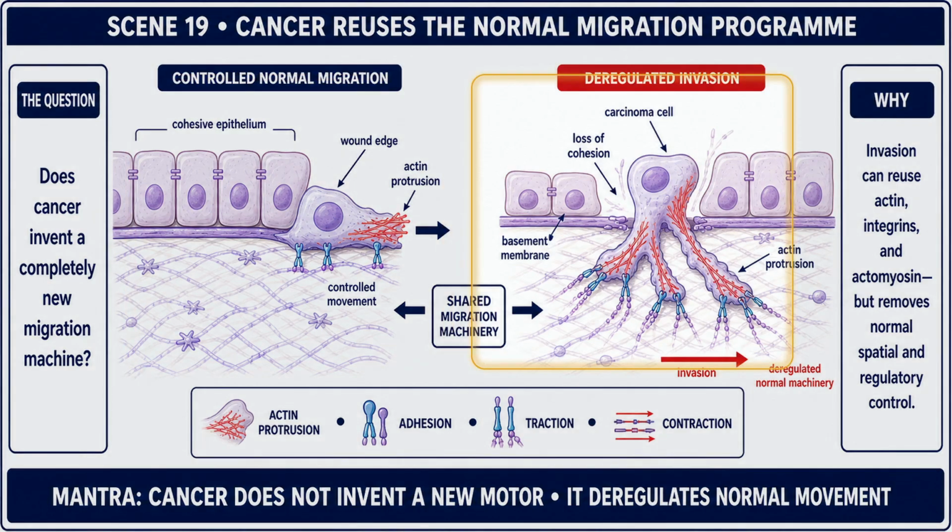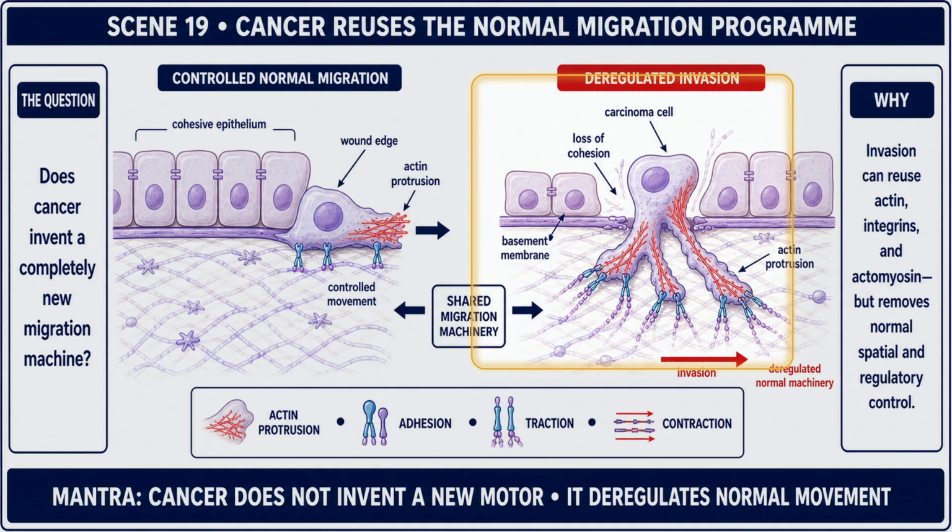On the right, a carcinoma cell reuses much of the same machinery, but normal control has been lost. Cohesion with neighboring cells is reduced, actin-rich protrusions extend into the surrounding matrix, and traction helps the cell cross the basement membrane.